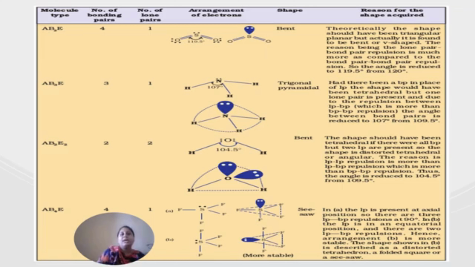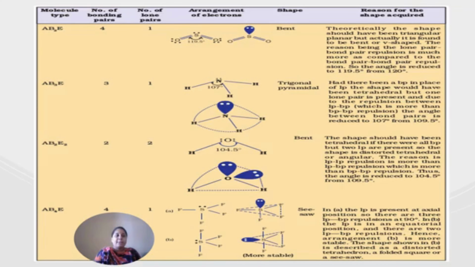Here AB3E is trigonal pyramidal. This is the case of the NH3 molecule, where this is also due to the lone pair bond pair repulsion, which is more than the bond pair repulsion, and the angle is reduced from 109.5 to 107 degrees.